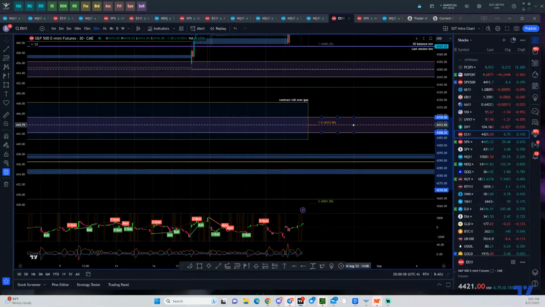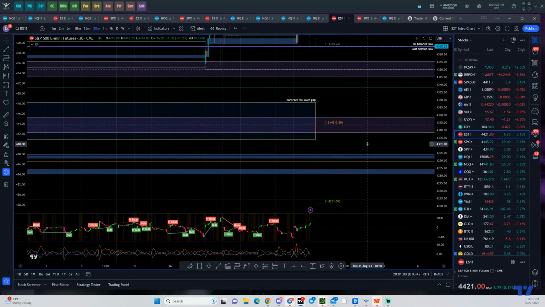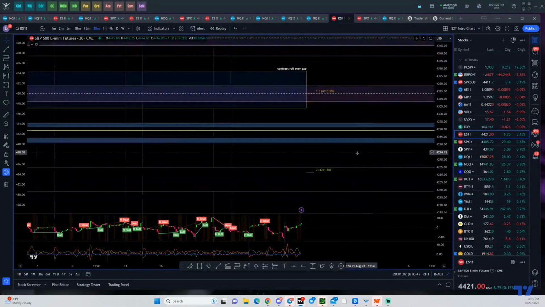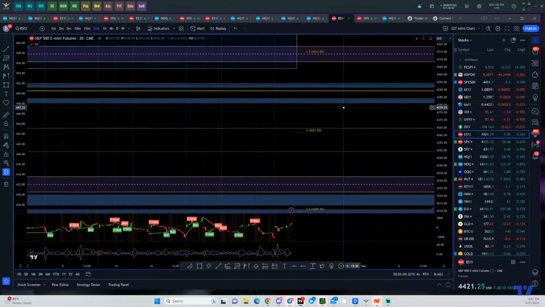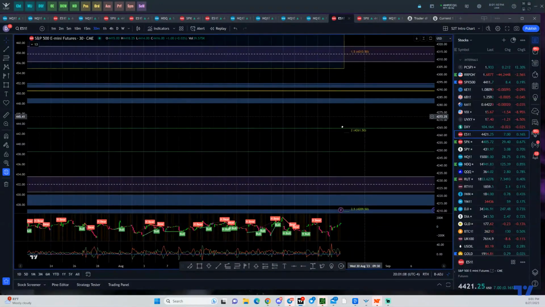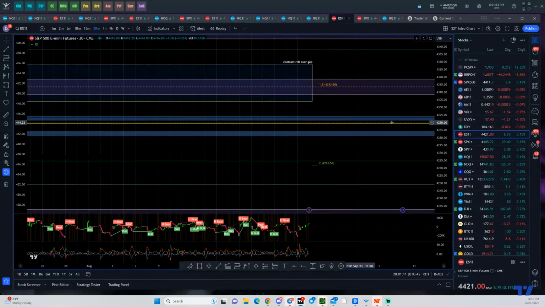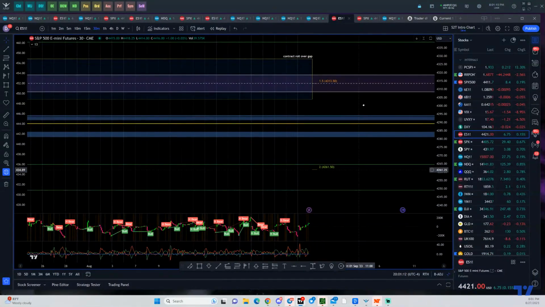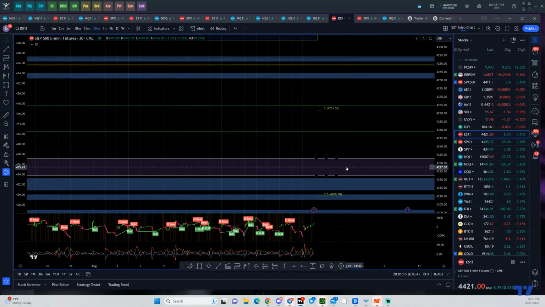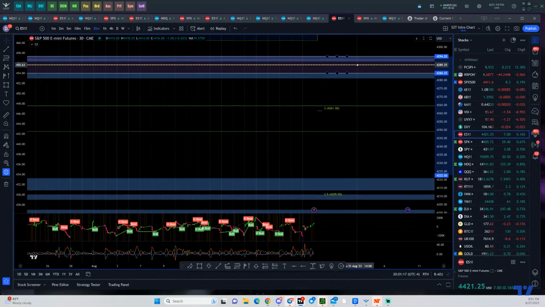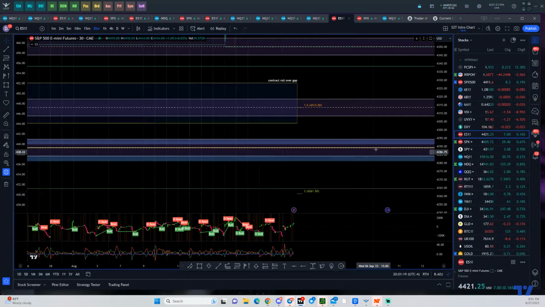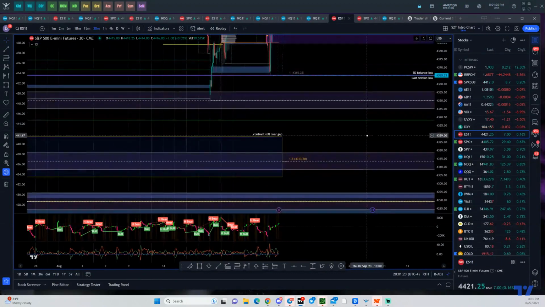We're going to go for potentially a gap fill, 43.13, and then the last one that we got here, I got 42.94. We have a POC here. I'm going to change that to 42.88. So that's what we have for this week in terms of targets.